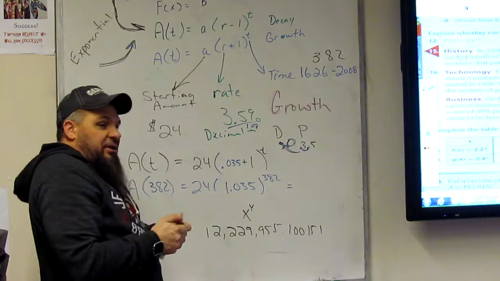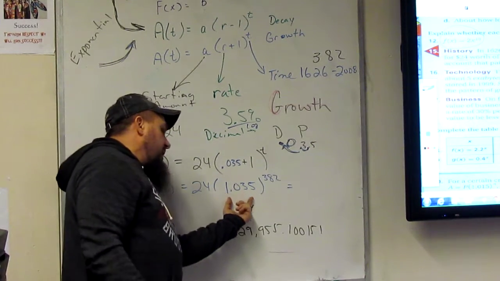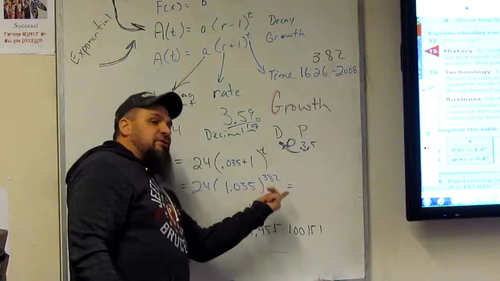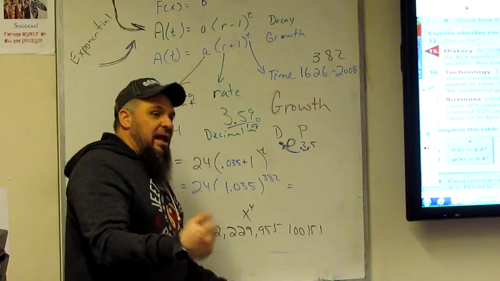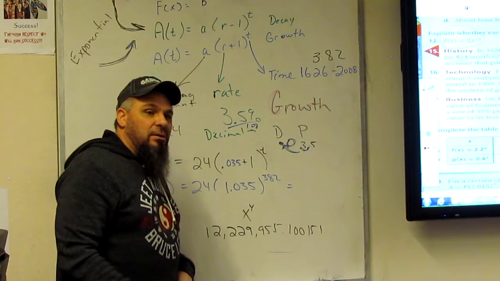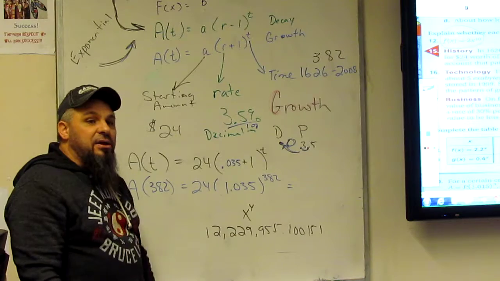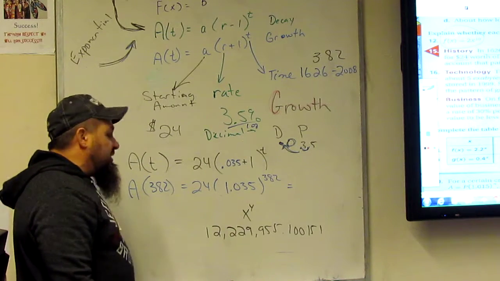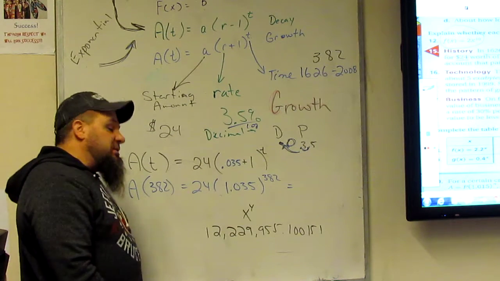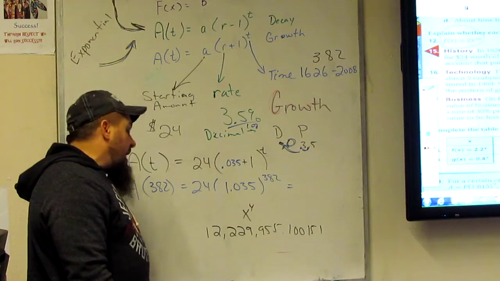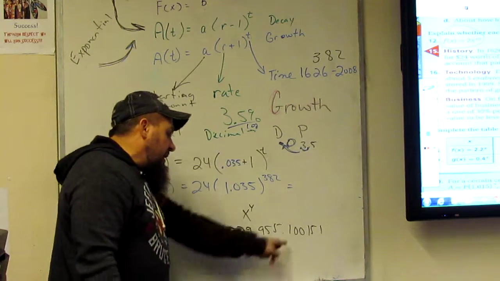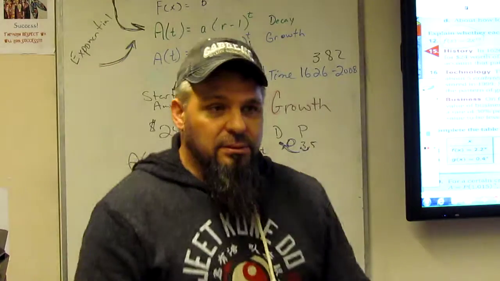I do a little calculator work: I raise 1.035 to 382 and then multiply it by 24. You should be able to do this in your calculator or your phone. What I get is $12,229,955.10.